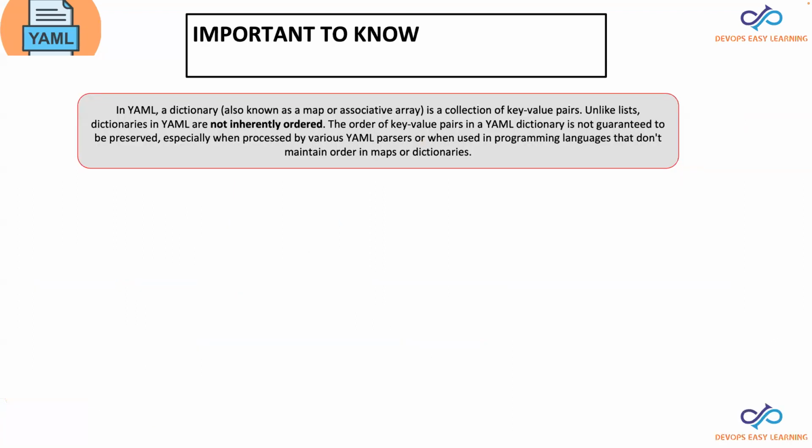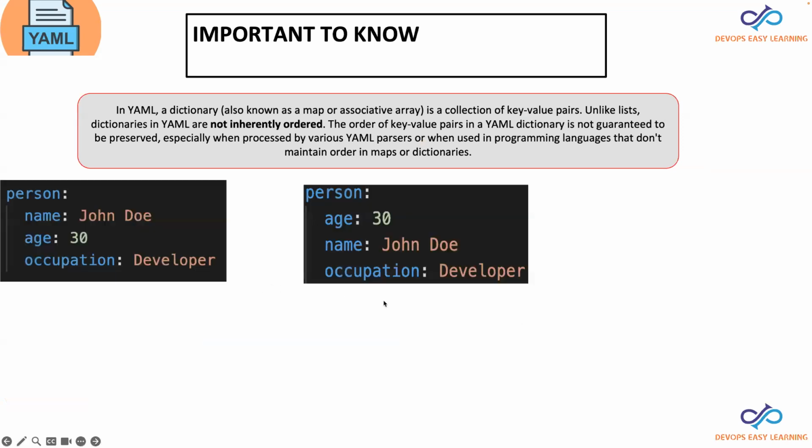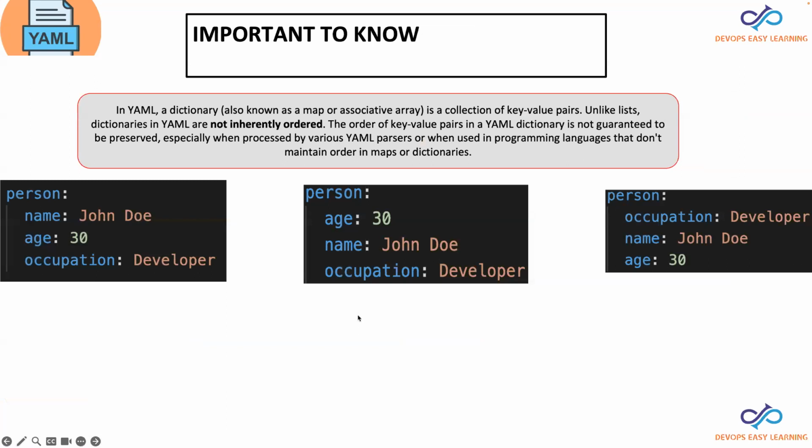A couple of important facts that we want to mention here: compared to the list, in the dictionary the order is not important. Let's say, for example, we have this to define a person. Here we start with his name, his age, and his occupation. Here we have his age, his name, and his occupation.